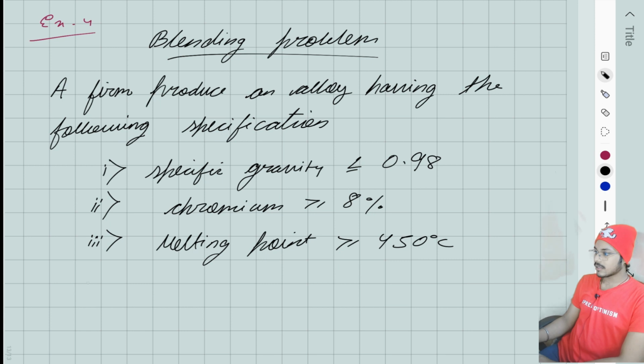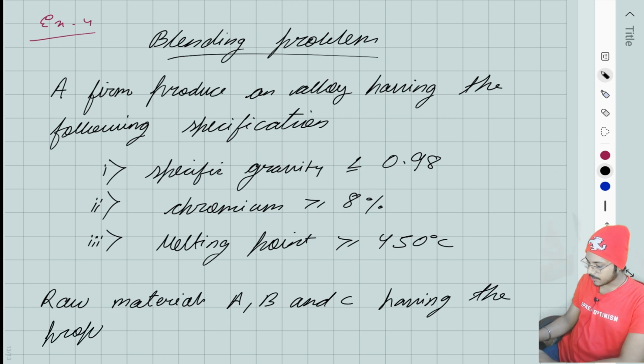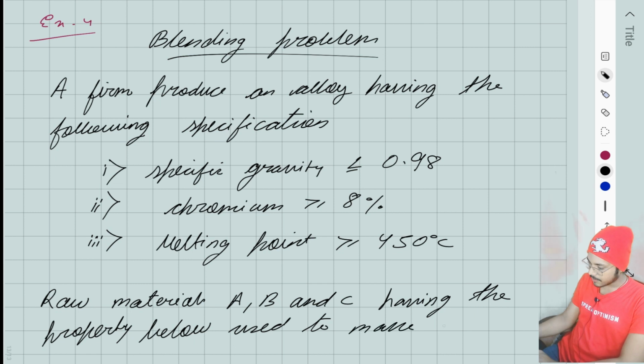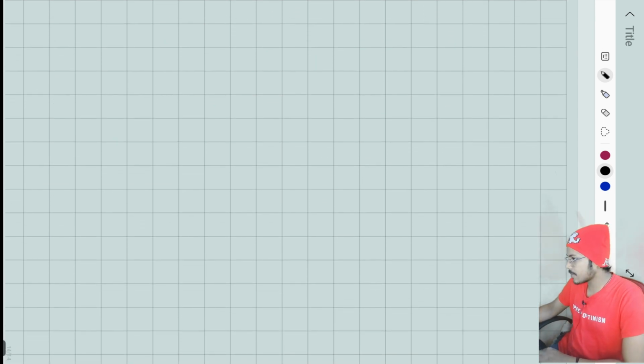So raw materials used are A, B and C, having the properties below, used to make the alloy. Write the raw materials.